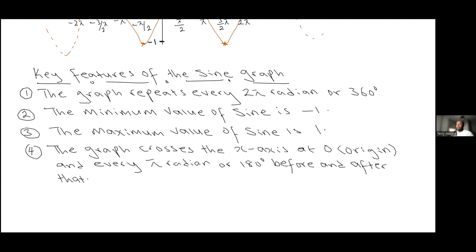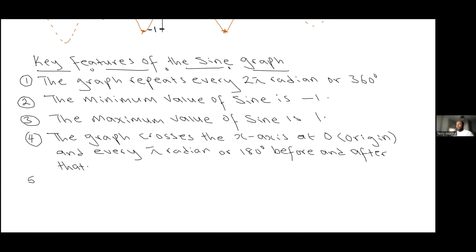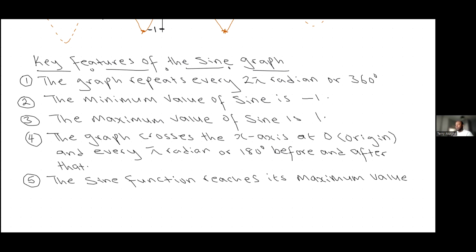So number 5, the sine function reaches its maximum value at pi over 2 radian, or 90 degrees.